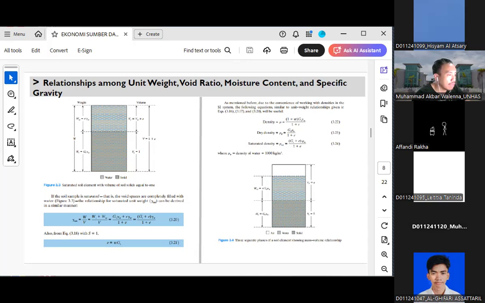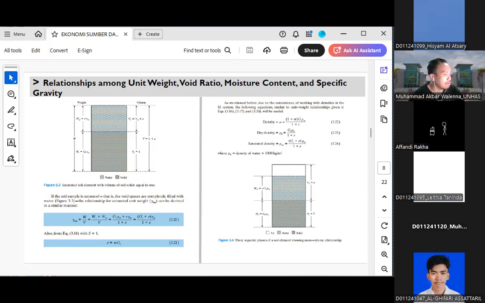What I'm trying to explain here is that, as you can see, the picture on the left hand side represents the condition where the soil is fully saturated. So all the pore spaces are completely filled with water, and there's no air left inside the soil.